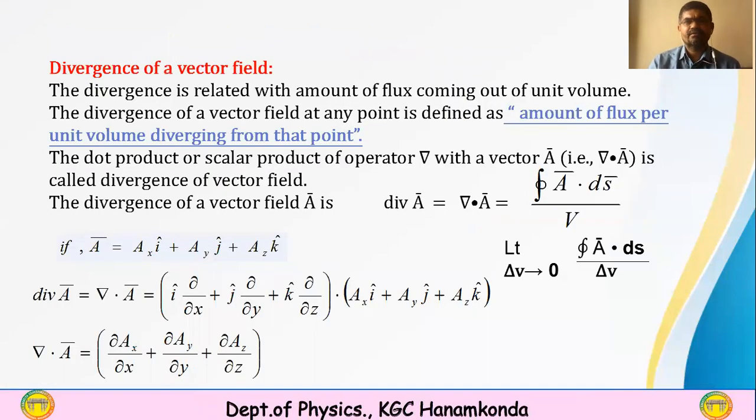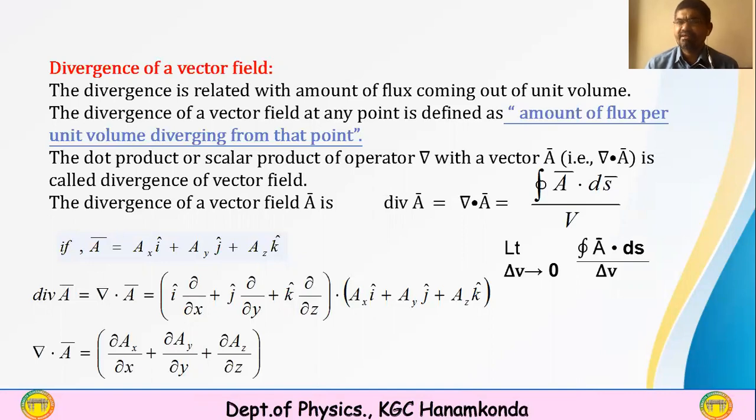Now we are going to learn the statement or definition of divergence of a vector field. The term divergence is related with the amount of flux. Here the divergence of a vector field is defined as the amount of flux per unit volume which is diverging from a particular point.